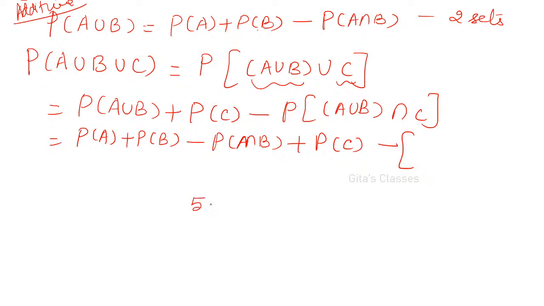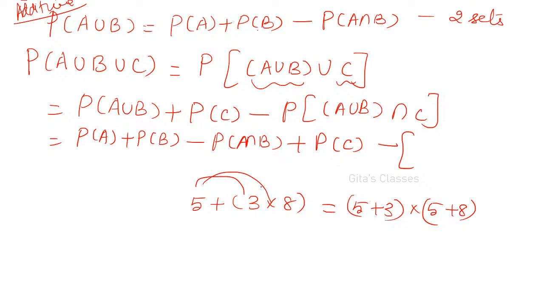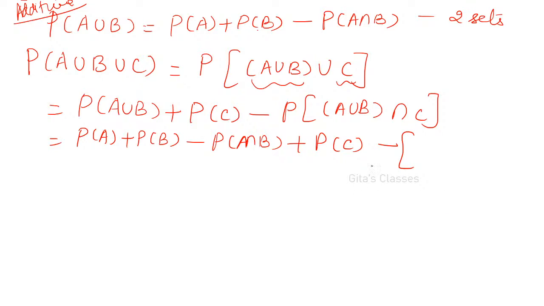For example, 5 plus 3 into 8, you can write this as 5 plus 3 into 5 plus 8, right? In the same way, this is called distributive law. So this is equal to P of A intersection C union B intersection C.